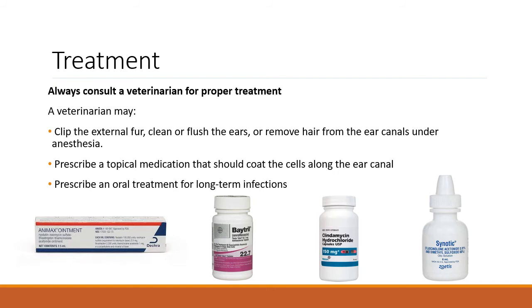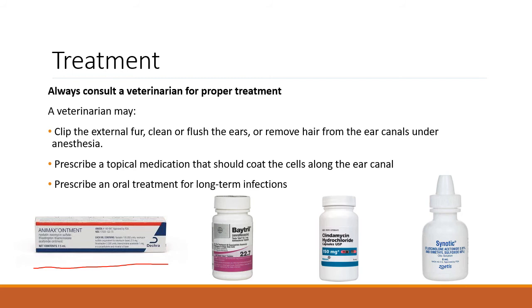Here are some examples of prescribed medications. The first one is Animax ointment, which is a topical gel medication that is used to treat acute or chronic otitis. It contains antibiotic, anti-inflammatory, anti-itch, and antifungal medications.